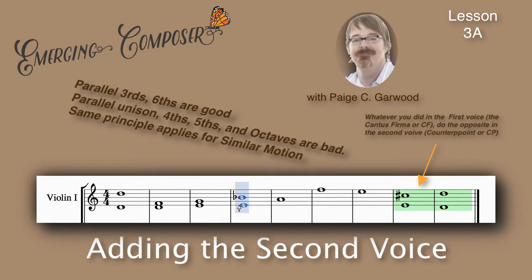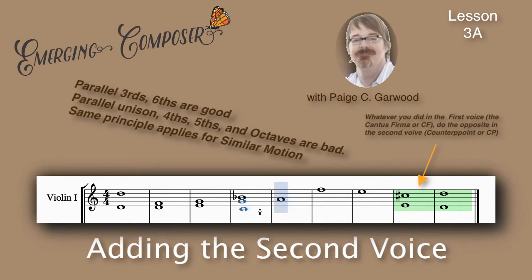So this is a diminished fifth, so I can't use that. I can't go to an F to B flat because that's a fourth. Really, G is it. I could come down to a D, but I've already used D twice here, so I don't want to make the second part that boring. So I'm going to go up to a third because thirds are always good. So there's parallel motion again.